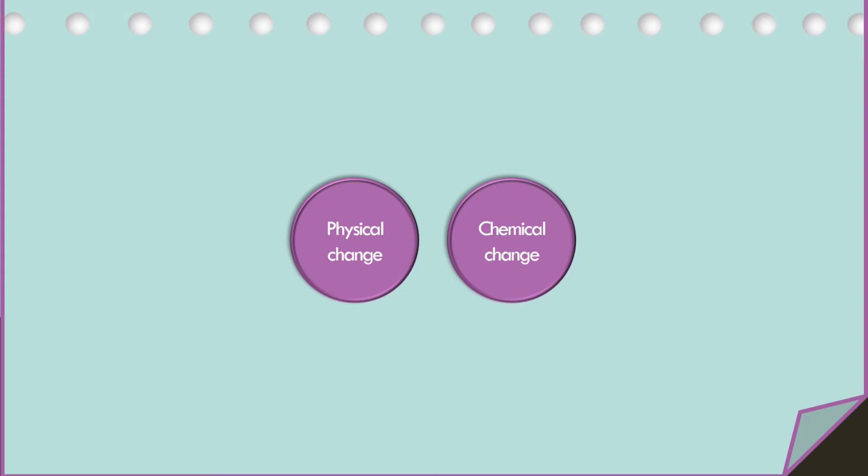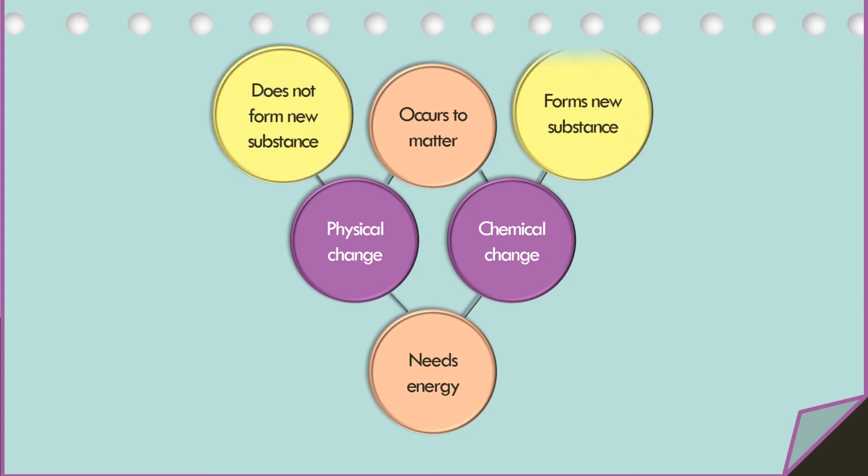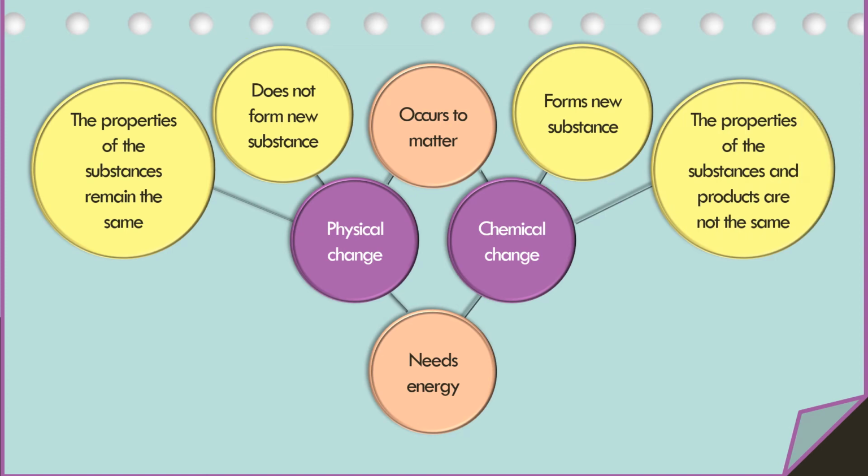Okay, let's see the differences between physical change and chemical change. The similarity is that they occur to matter and need energy. The differences are that physical change does not form a new substance, whereas chemical change forms a new substance. In physical change, the properties of the substances remain the same, whereas in chemical change, the properties of the substances and products are not the same.